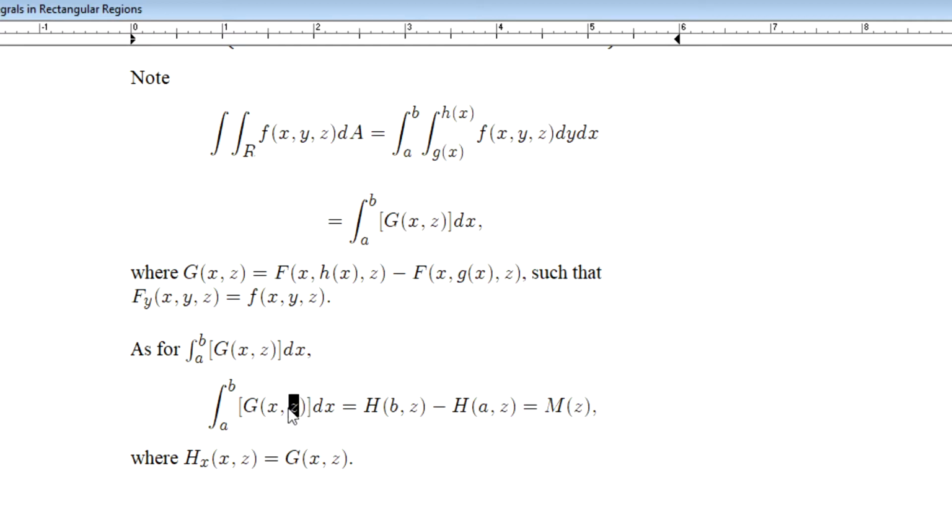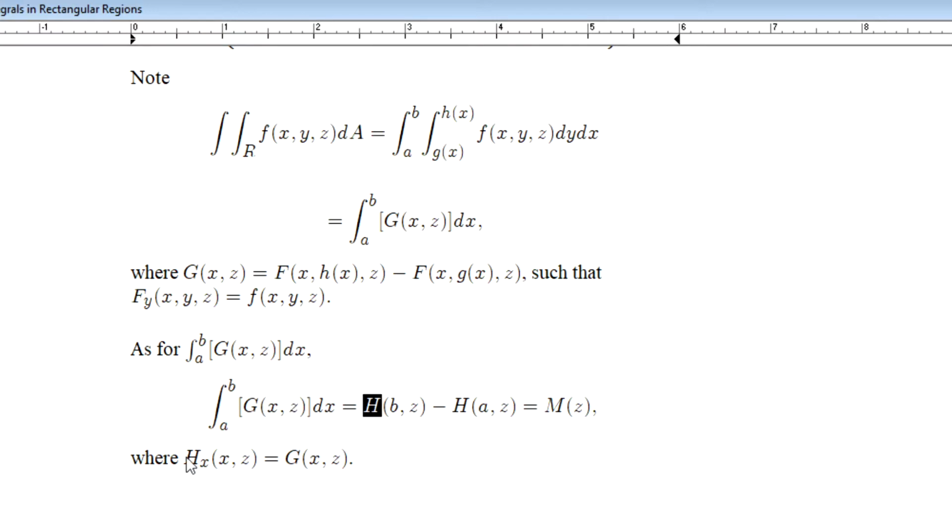Here, z is going to remain once we integrate with respect to x. How we obtain M of z is this difference given here: big H at b comma z minus big H at a comma z, where big H we understand is the antiderivative function for function big G.